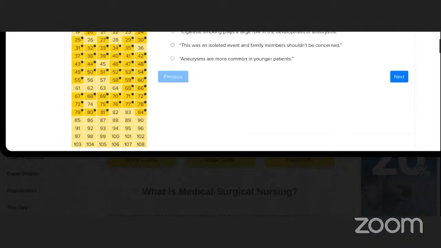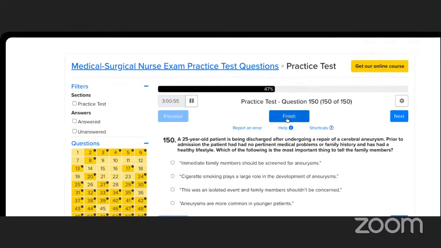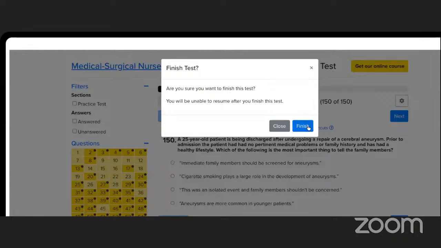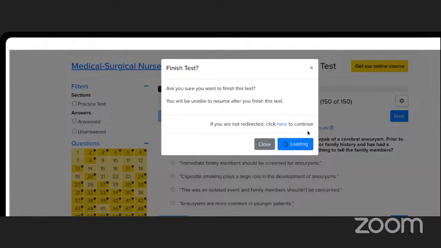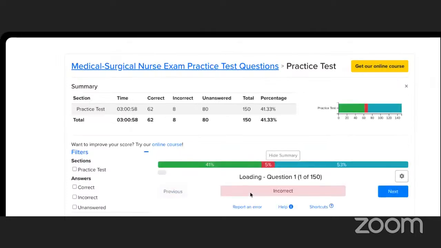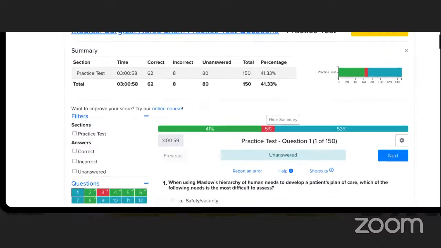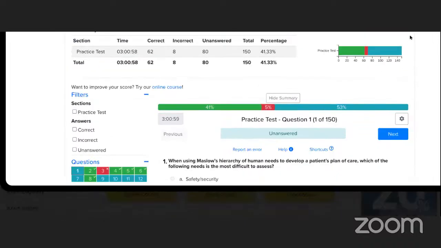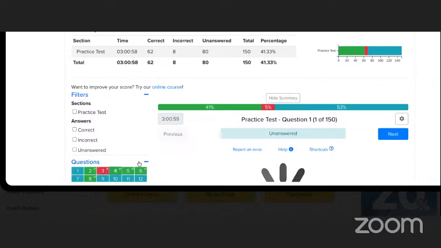I'm going to finish and it's going to say, are you sure? Yes. It's going to give me a score. As you guys know, I got a low score because I didn't answer all the questions.